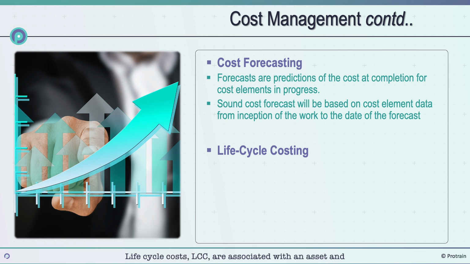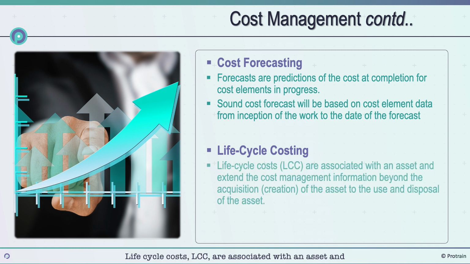Life cycle costing. Life cycle costs, LCC, are associated with an asset and extend the cost management information beyond the acquisition, creation of the asset, to the use and disposal of the asset. Asset acquisition consists of the design development phase and the production construction phase.